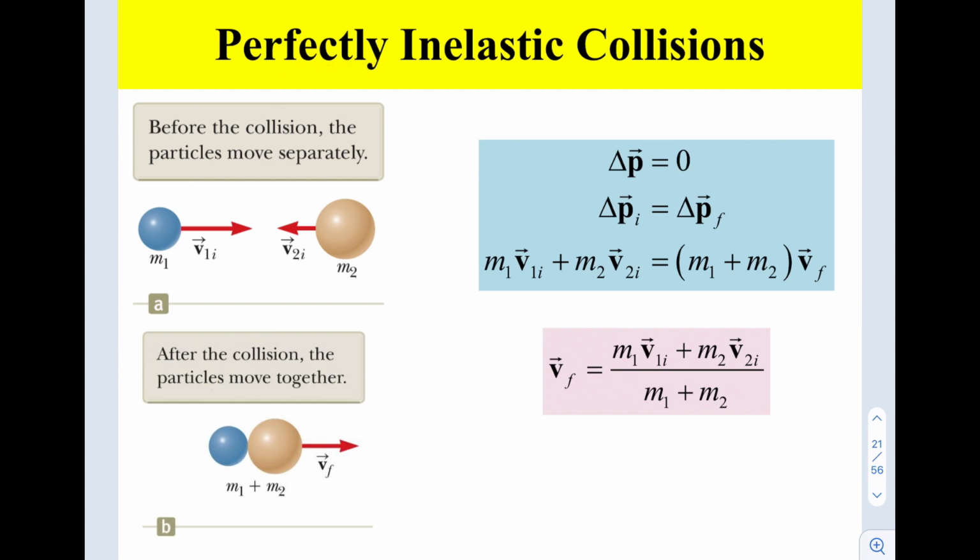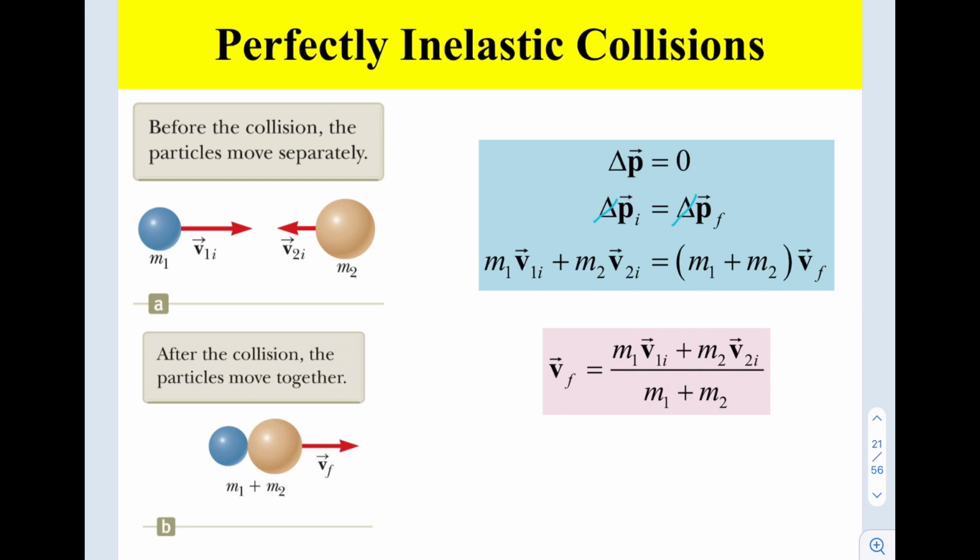This is perfectly inelastic collision. They are going to stick together and move with the same velocity, right? So in this case, for the perfectly inelastic collision, momentum is conserved. It means that momentum final is equivalent to momentum initial, right?